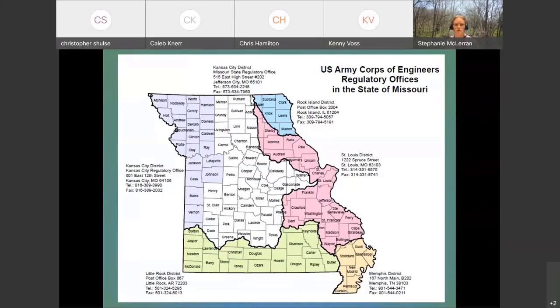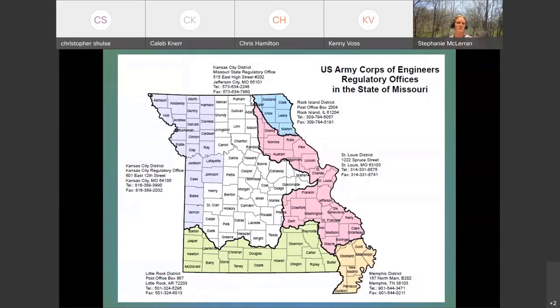Little Rock District, Memphis District, St. Louis District, and Rock Island District are the other ones. So there are some differences between the districts. Each office kind of has their own way of doing things. So we'll get permits from these different offices and they might look a little bit different between districts. I don't know how many of you see permits, but sometimes when they come in, the wording's just a little different.